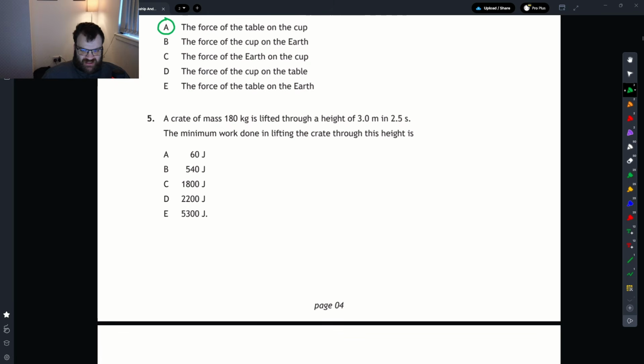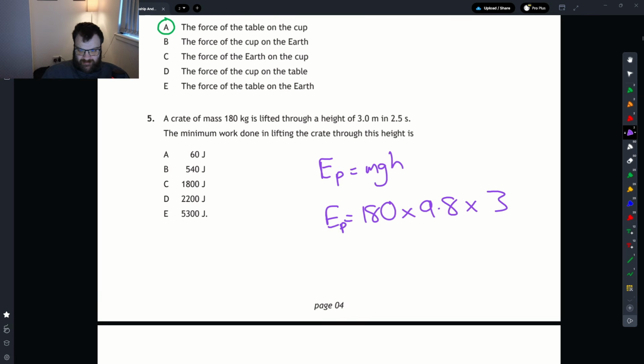Next one, we're talking about the work done in lifting the crate. Now, to lift the crate, we're going to be increasing the potential energy, Ep equals mgh, which is going to give us, so the mass is 180 times 9.8, and then times 3, which when rounded gives us the answer of E. Another way maybe we could have done it is to use Ew equals F times d.